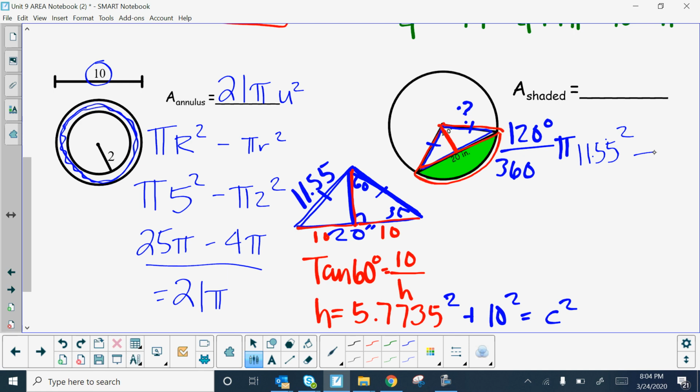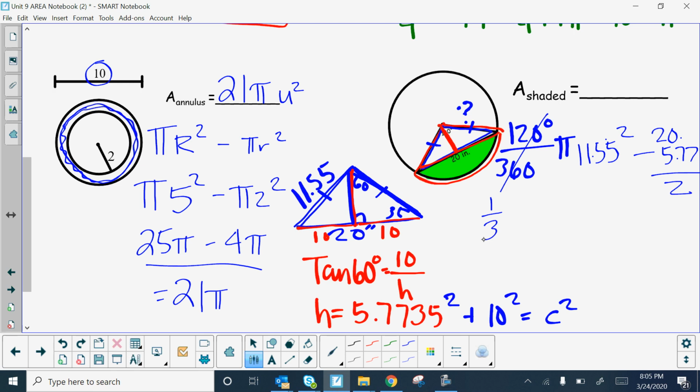Remember, the area of the triangle is base times height, which is 20 times 5.7735 divided by 2. Sorry, it's all squished in there. So this reduces to 1/3, because 120 of 360 is 1/3.